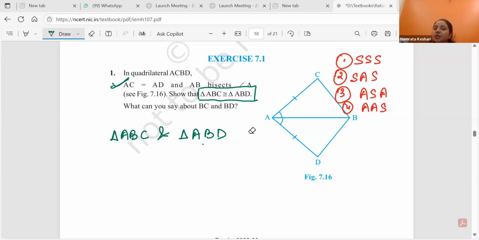So here it is clearly given in the question that side AC over here is same as side AD over there.